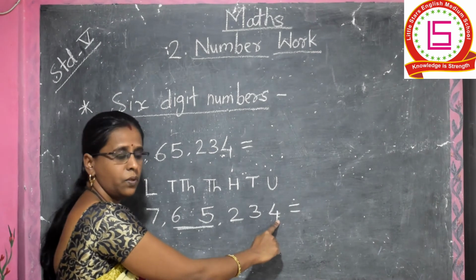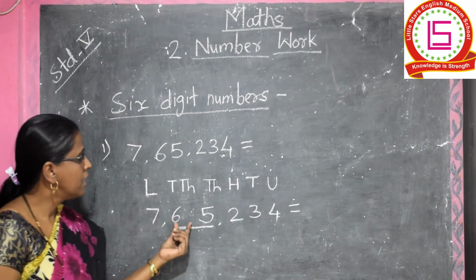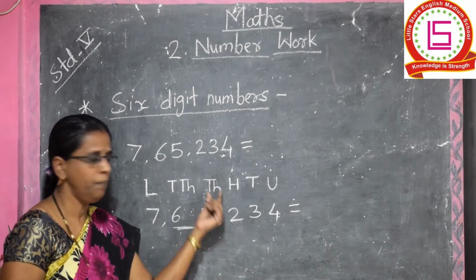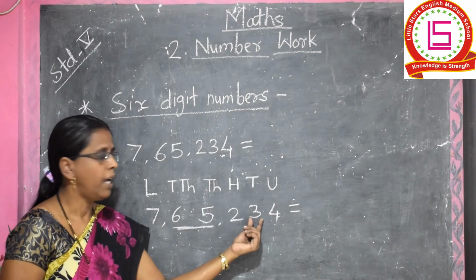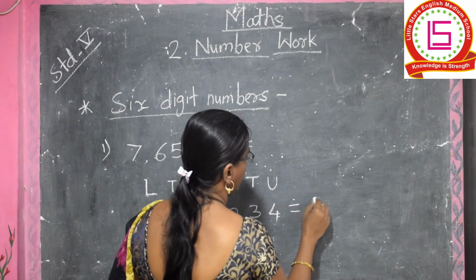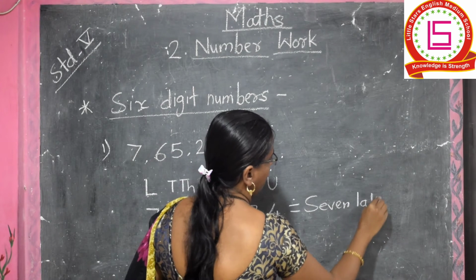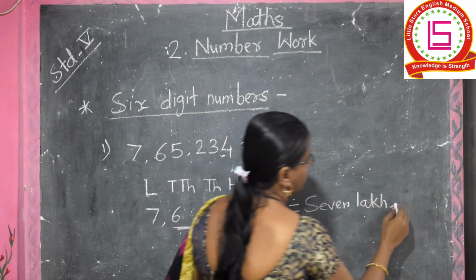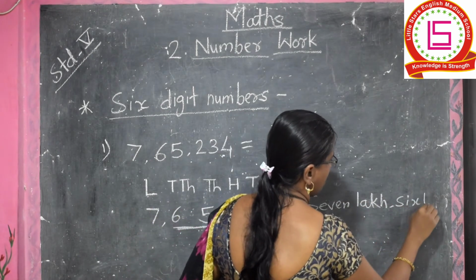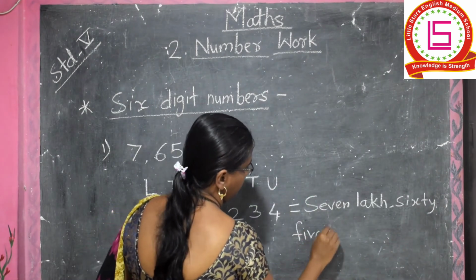7,65,234. How to read this number? 7 lakh 65,234.